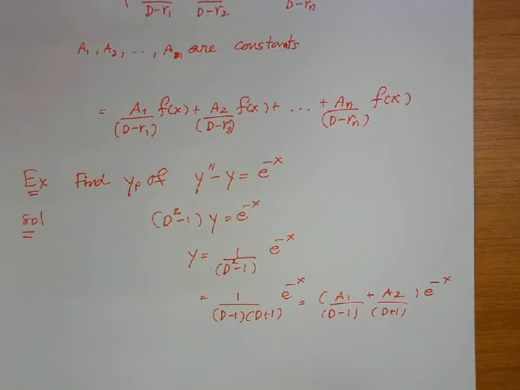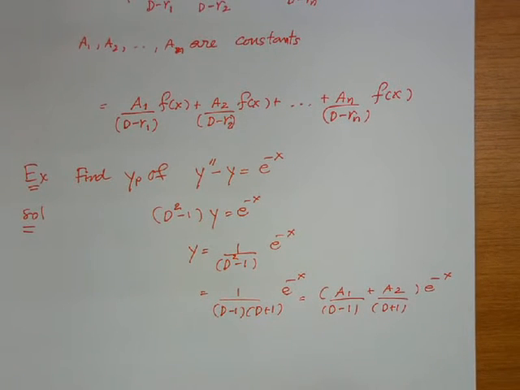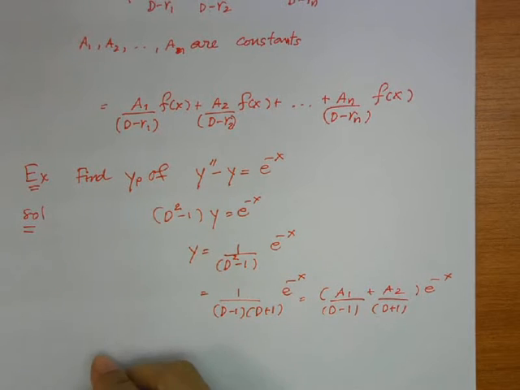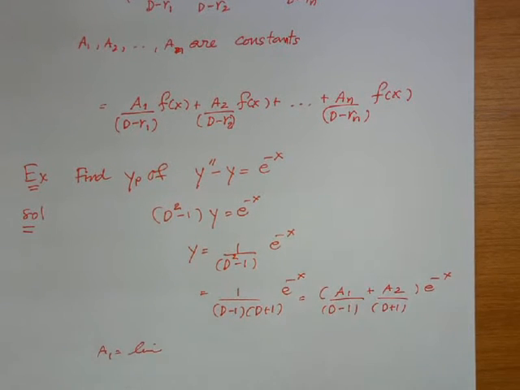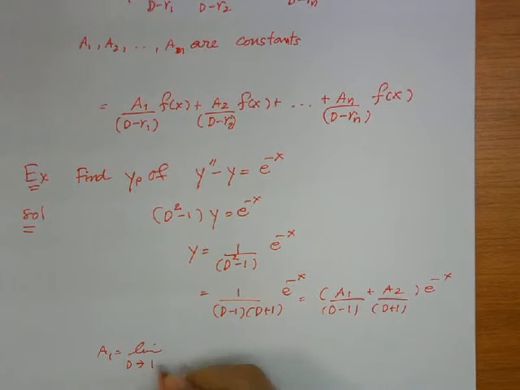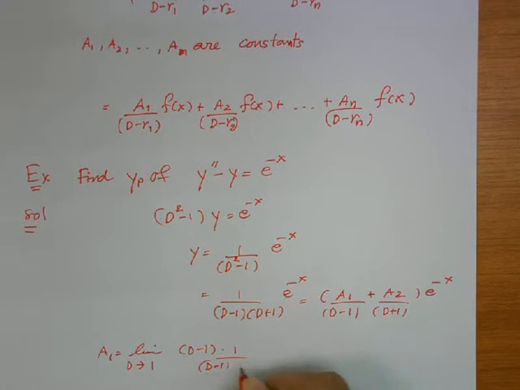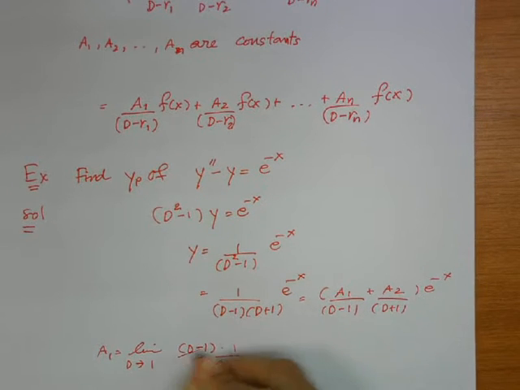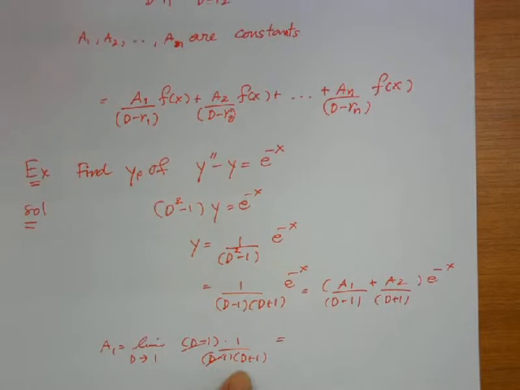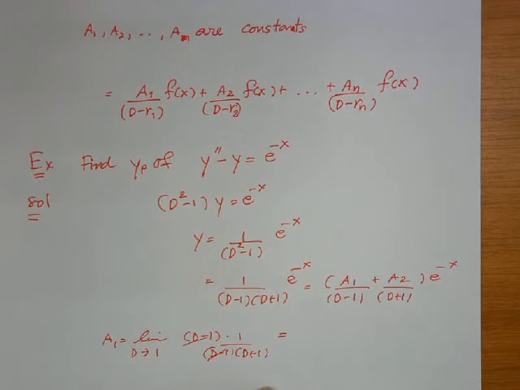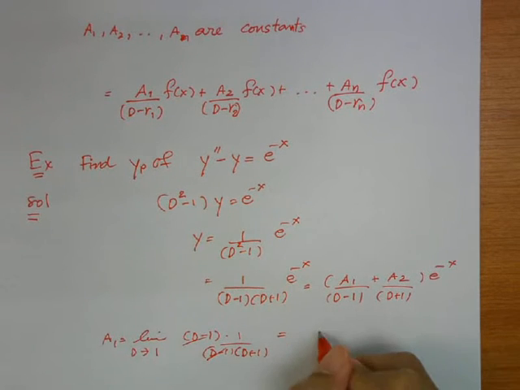To find a1, how do we find a1? a1 is equal to the limit as D goes to 1. Then you plug the value 1 in there, and you would get a1 is equal to 1 over 2.